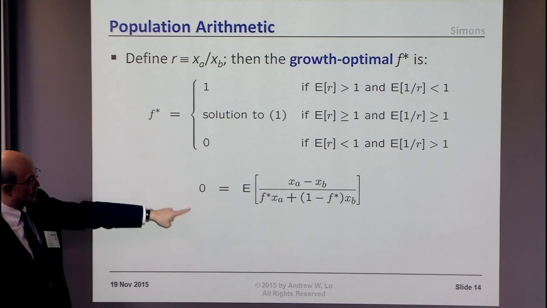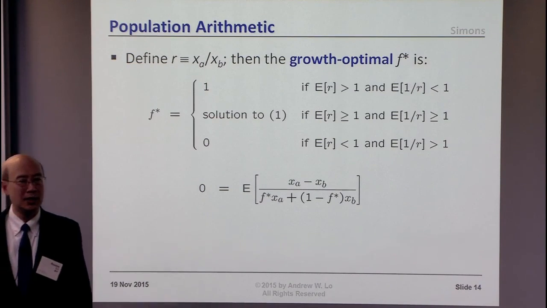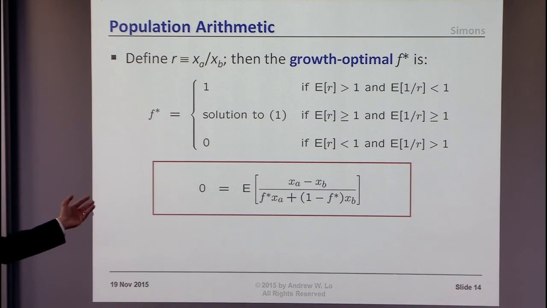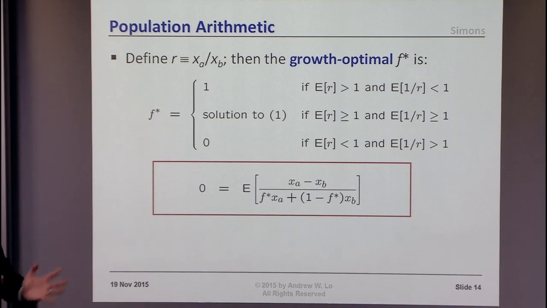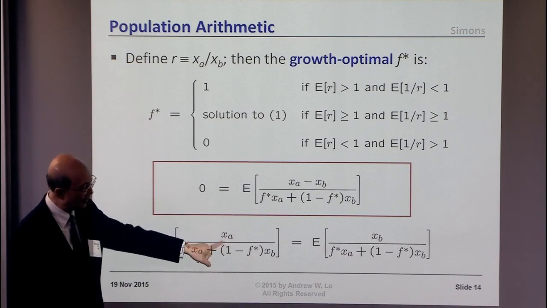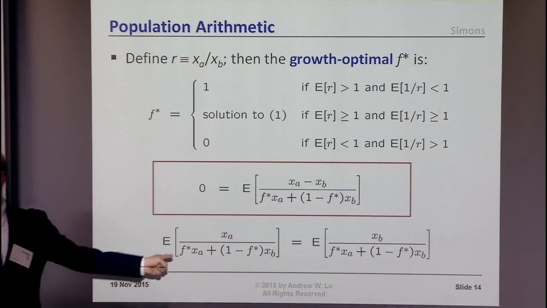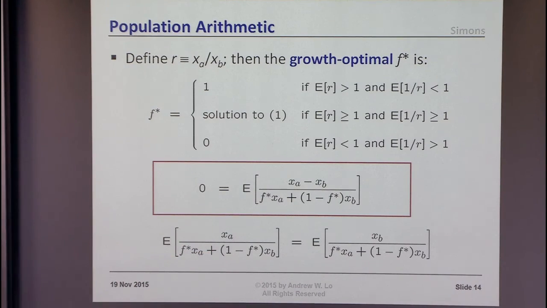F star is going to be the solution to this implicit equation. This looks a lot like an Euler equation from an economic expected utility maximization, but there's no utility going on. This is merely a process of selection. And effectively what you're going to be doing is equalizing the expected number of offspring for XA versus XB, depending on your choice of A versus B.